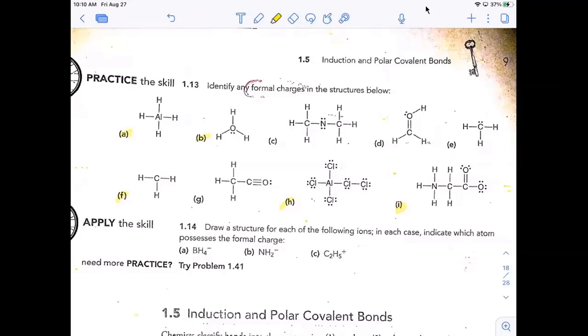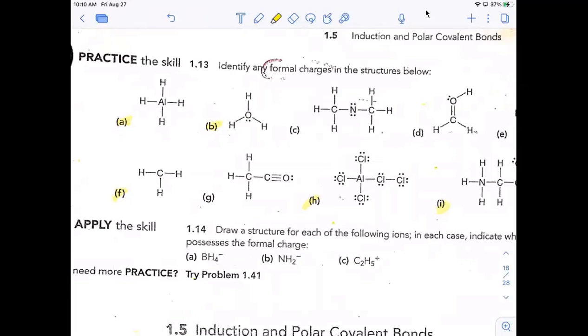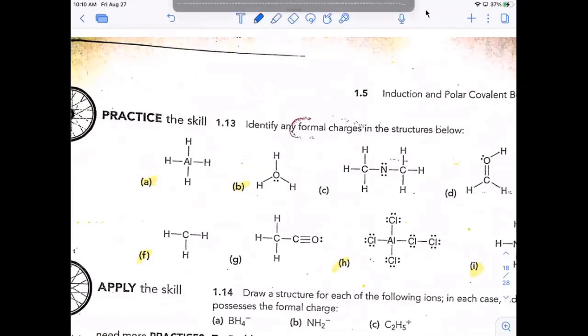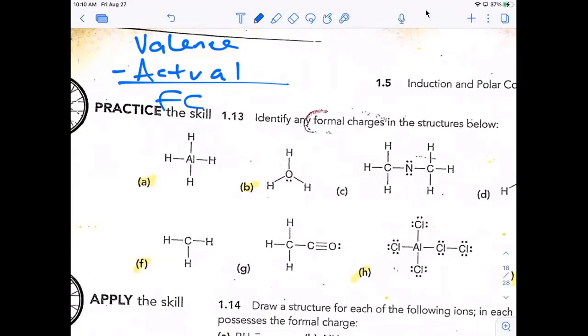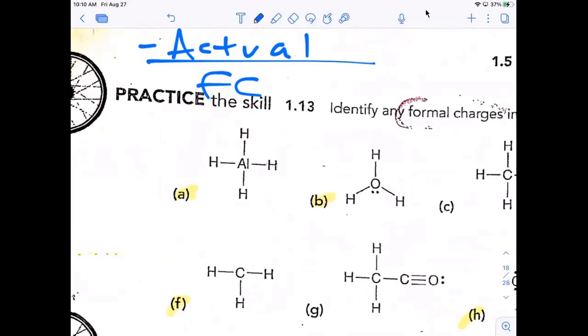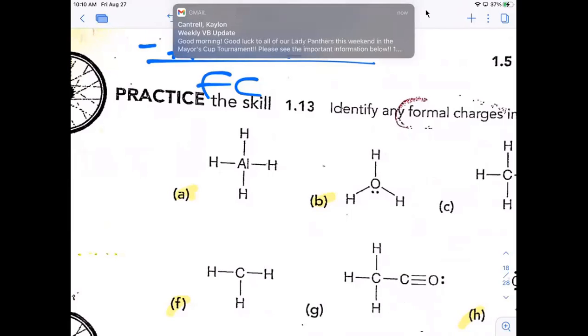All right. So let's do A. And how do we determine formal charge again? What's the little formula we use? Anybody? Valence minus actual. Valence minus actual, right, is formal charge. So the valence of aluminum is what? What group is aluminum on the periodic table?